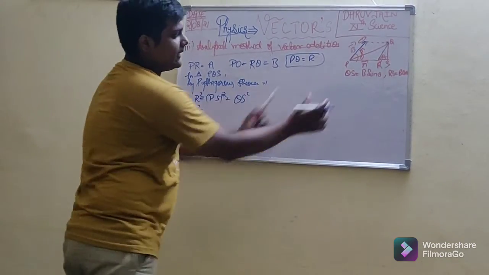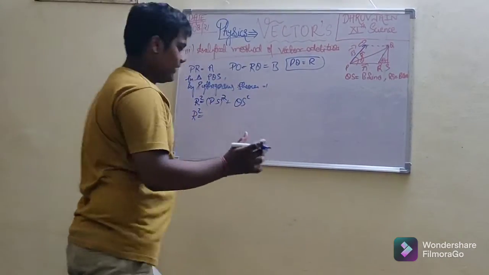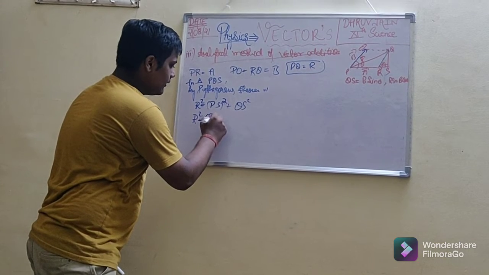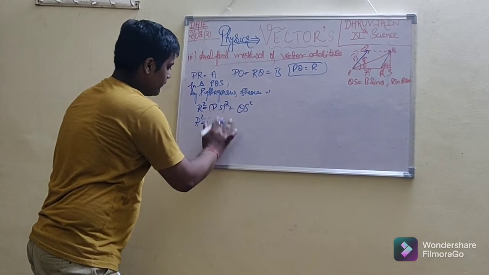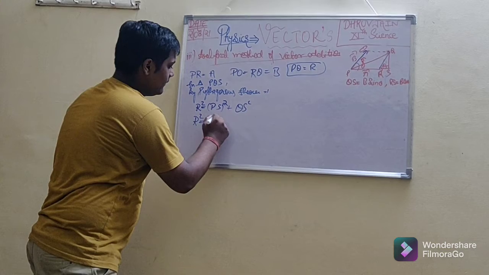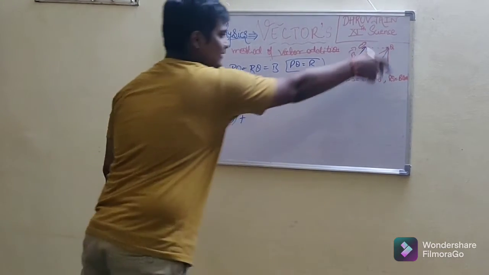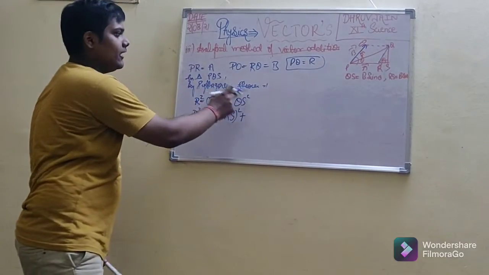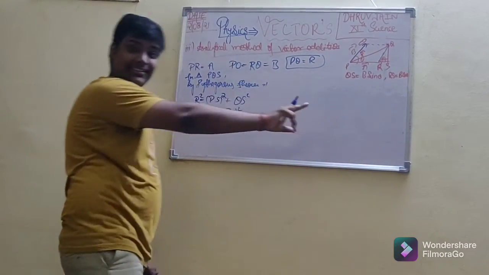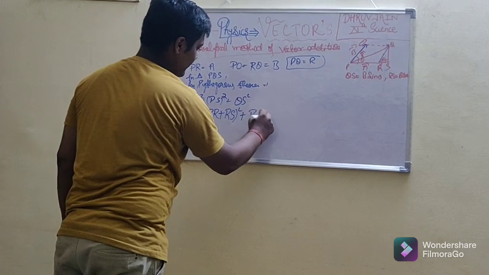Now PS can be written as PR plus RS, so (PR plus RS) whole square, and QS can be represented by the value I have written here. QS is B sin theta.